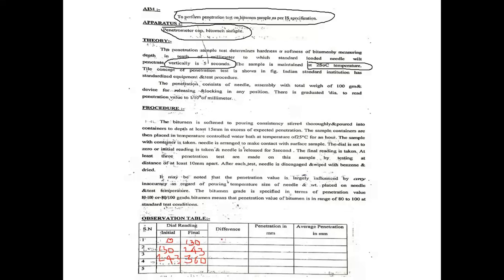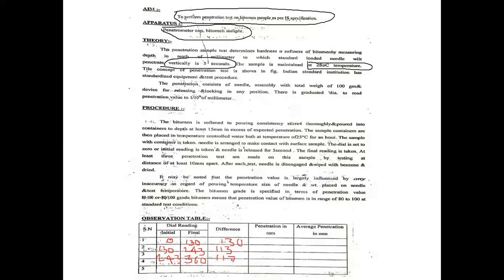Now let's take the difference. For the first reading, the difference is 130. For the second, the difference is 113, you can see. And for the last, the third penetration, the difference is 117.